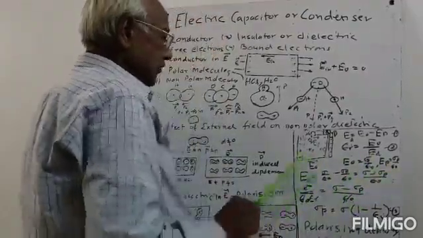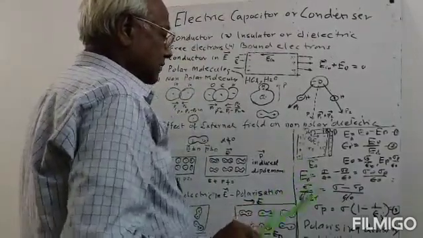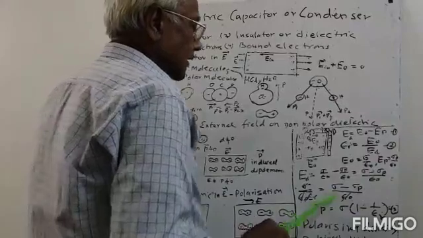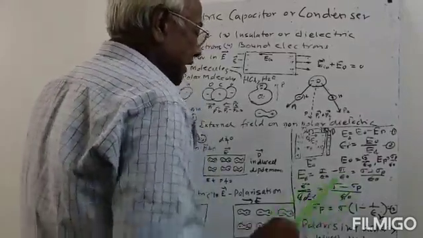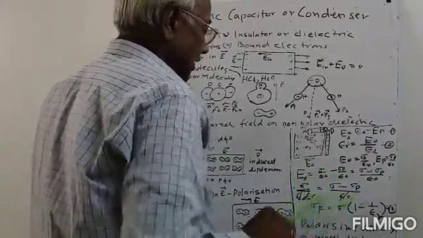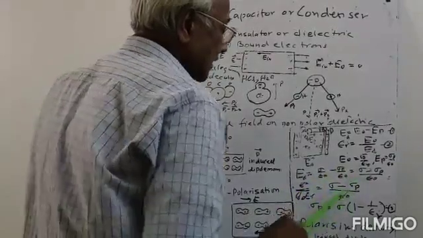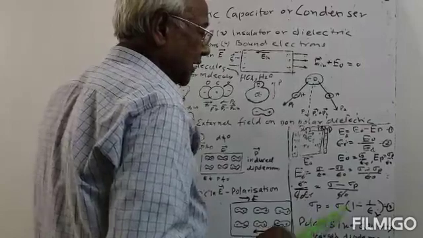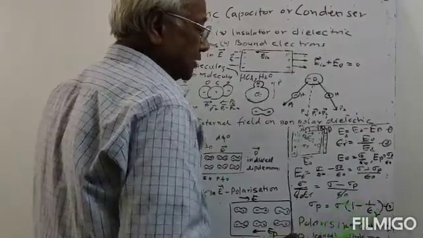Now this will be equal to sigma divided by epsilon 0 epsilon r, and here we put it and cross multiply, then we will get sigma P is equal to sigma into bracket 1 minus 1 by epsilon r.